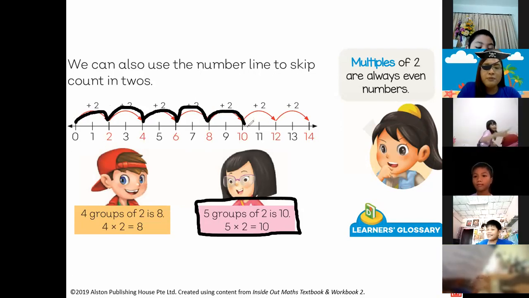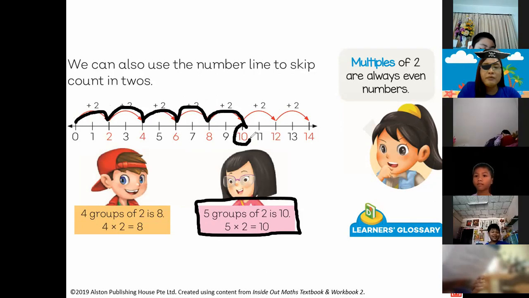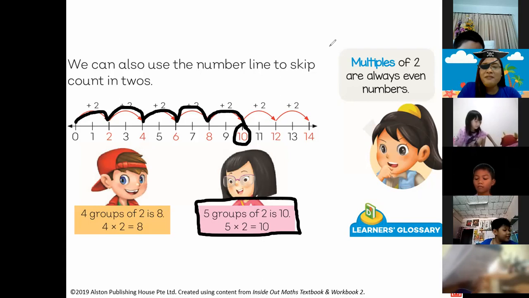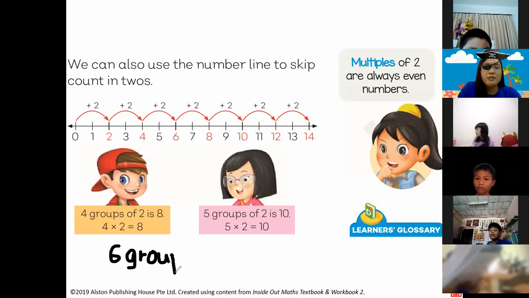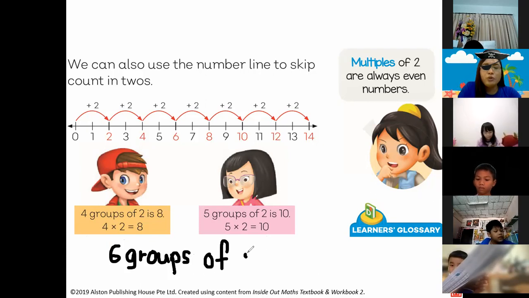So 5 groups of 2 is 10. All right. I have another example. What about 6 groups of 2?